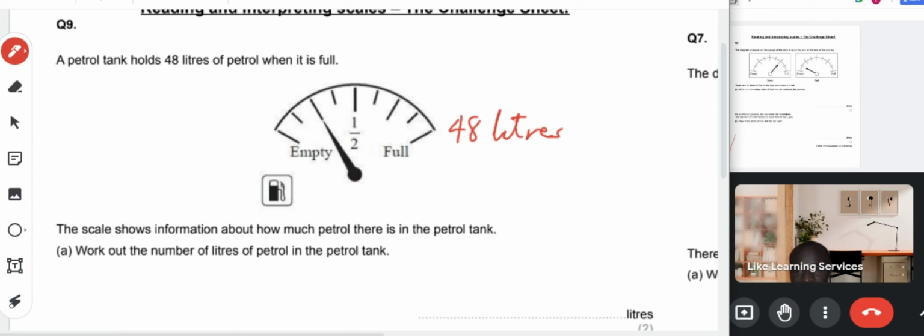And this is 0 liter, 0 to 48. You can try and see how many divisions you have here. It's not difficult. See how many divisions.